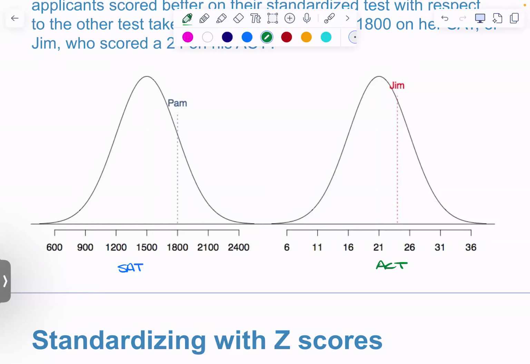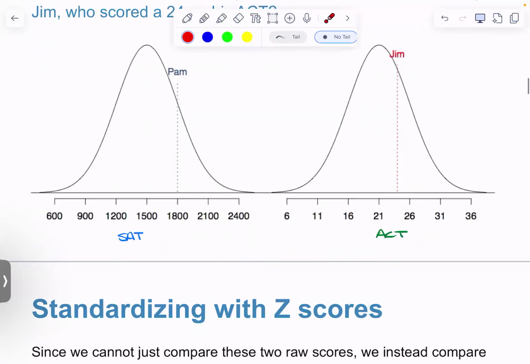Now, presumably, there is a cap on the maximum number of points that you can get. We're ignoring that. We just assume that it can go into a negative score and a really, really high score. So don't get hung up on that, it doesn't really matter.